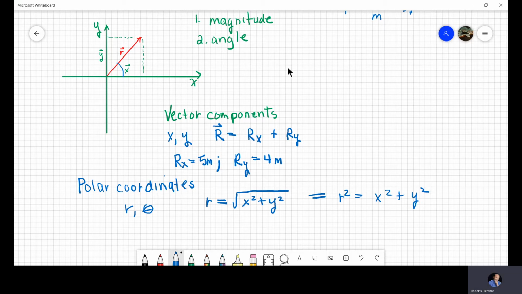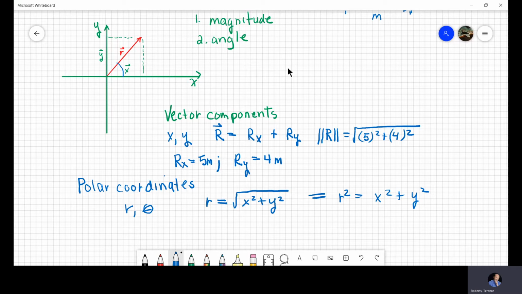So let's do this up here. So r, and we denote that we're talking about its magnitude, is going to be equal to the square root of 5 squared plus 4 squared.